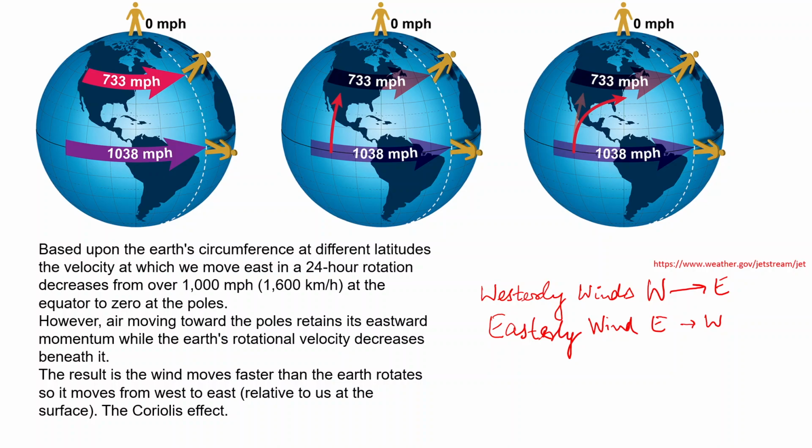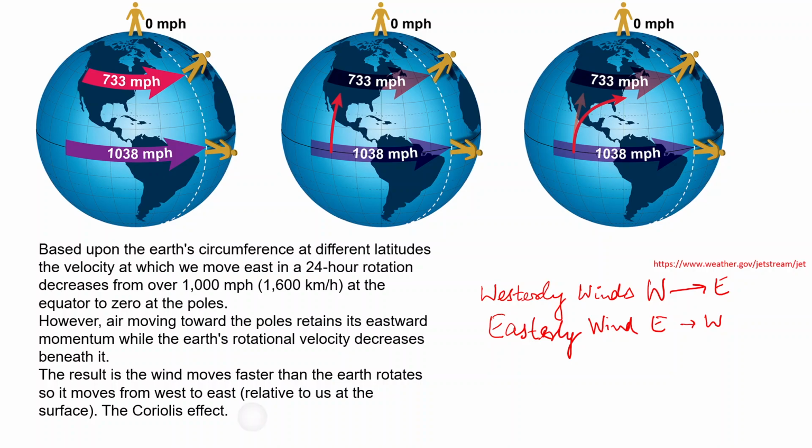So the movement of any entity, if it is an air mass, if it goes from the equator towards the pole, it will maintain its angular momentum, and due to that angular momentum conservation, the object seems to get deflected.